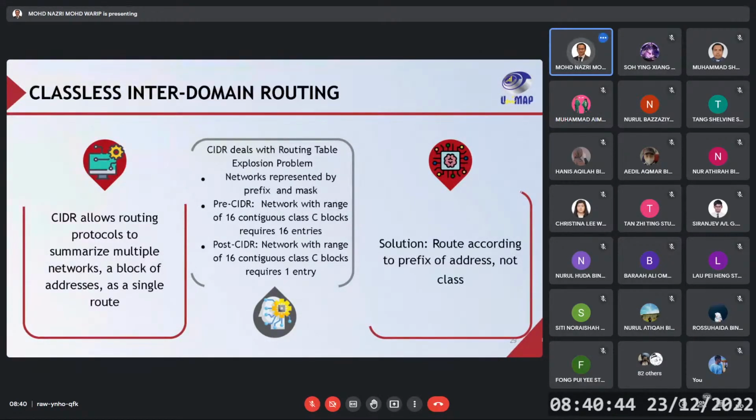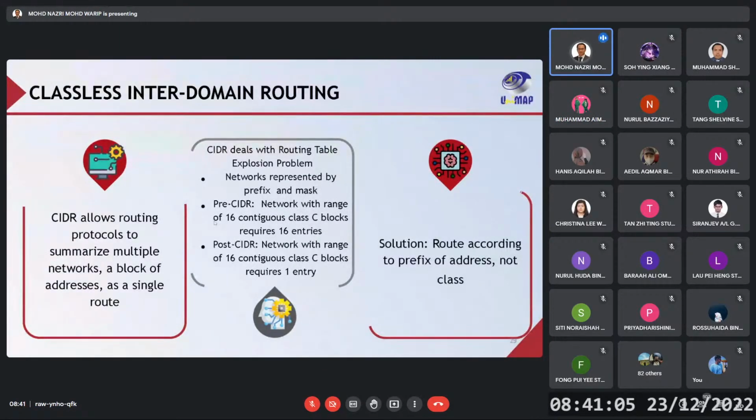Okay, what are the features of CIDR? CIDR deals with the routing table explosion problem. That means if we have too many routing table entries, CIDR solves it by making it one routing table entry. Network represented by prefix and mask.